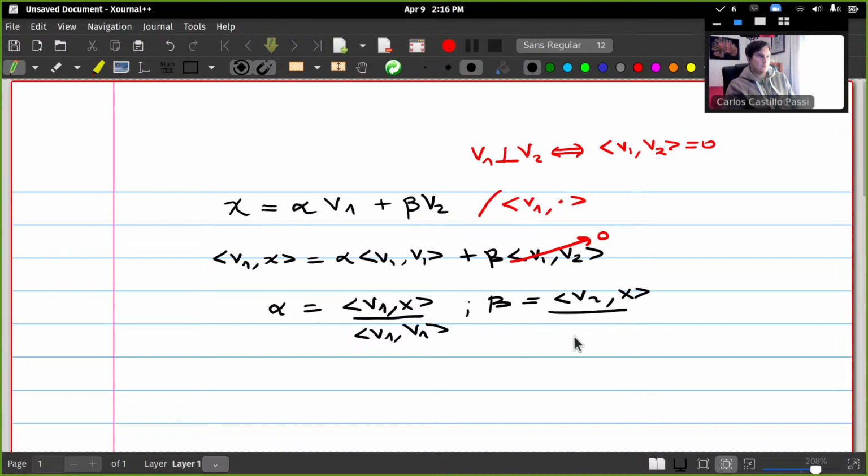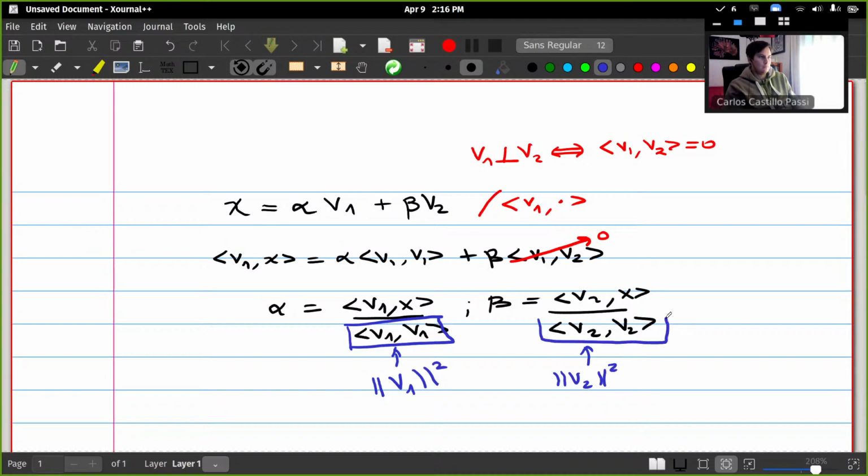So we arrive at this. And this denominator here is also equivalent to what is called the norm of the vector squared. This is also the norm of the vector v2 squared, right?